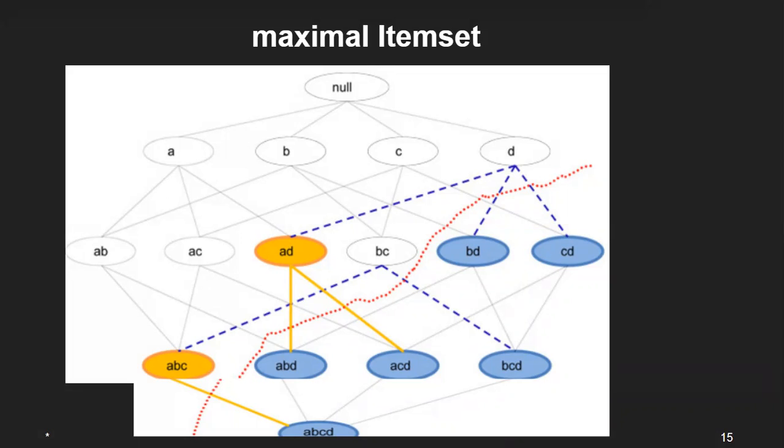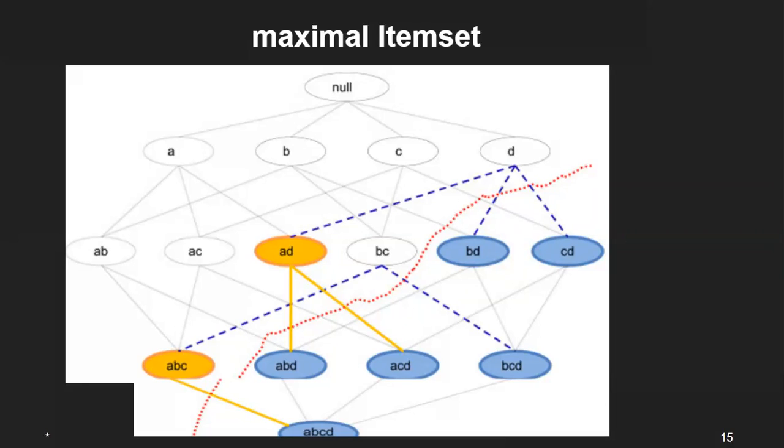Now for consideration, we have to consider the diagram given here. The lattice is divided into two groups. Just concentrate here. The red dash line gives the demarcation. The item sets above the line that are blank are frequent item sets. Above the red line, the elements we represent fall into two differentiations: one is frequent item set, another is infrequent item set.